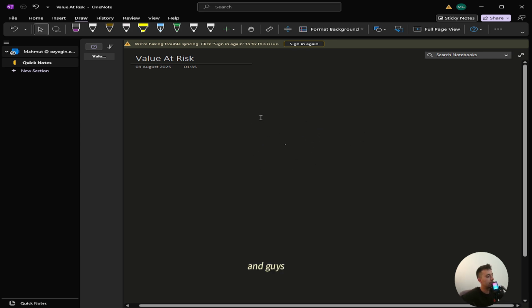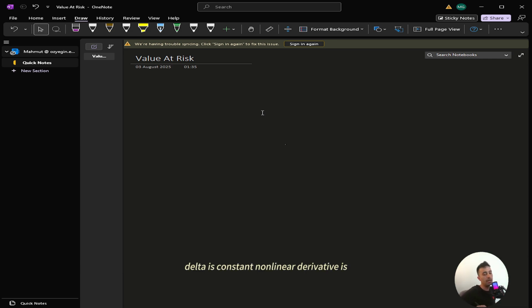And guys, for a linear derivative delta is constant, for a nonlinear derivative delta is not constant, changing over time. This is our best difference between linear and nonlinear derivatives.